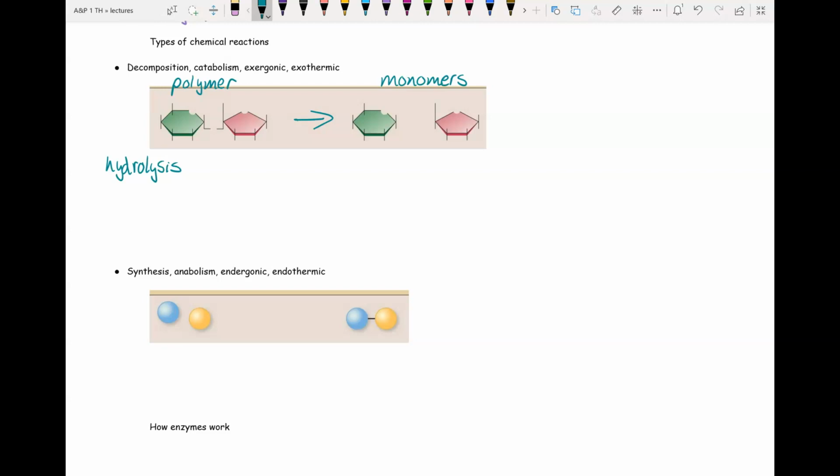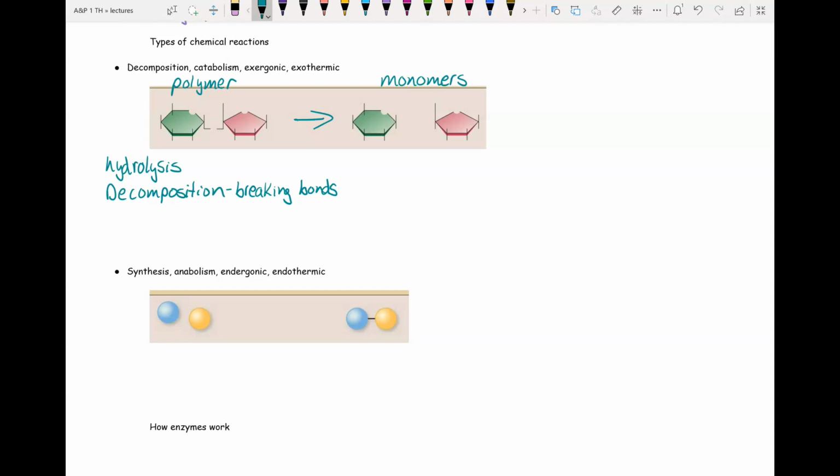Hydrolysis is a type of decomposition. If you think of decomposition, it just means something breaks down. Decomposition is any time that you are breaking the bonds. So hydrolysis is a type of decomposition in which you use water.